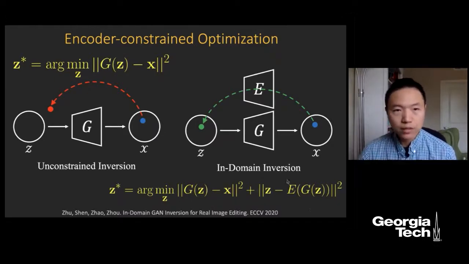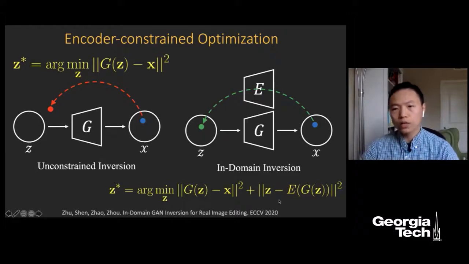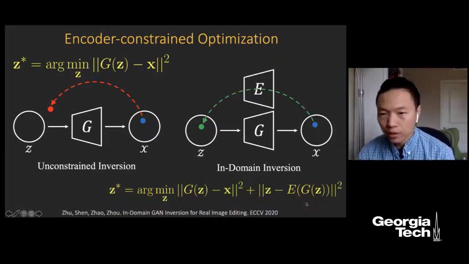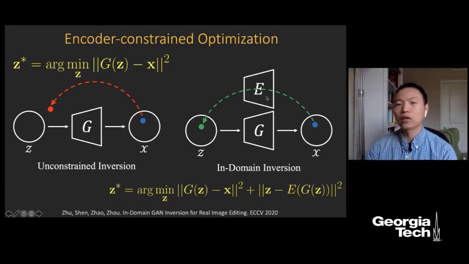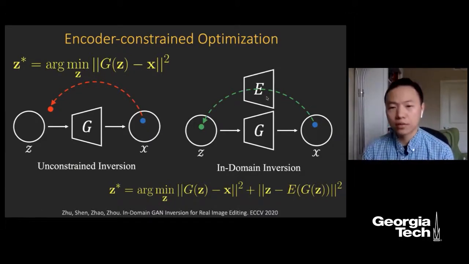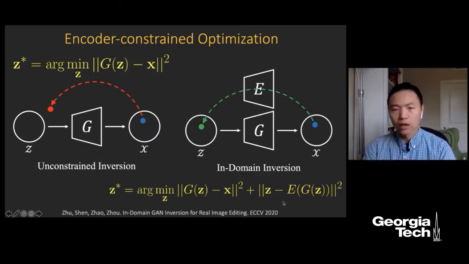Besides the first reconstruction term, we also have a second term where we want to constrain the latent codes back into the latent space. We put the synthesized images into the encoder, and the encoder regresses the latent code back into the latent space. So we add the second term as a regularizer for the inverted latent code to enforce the latent codes back into the original latent space.